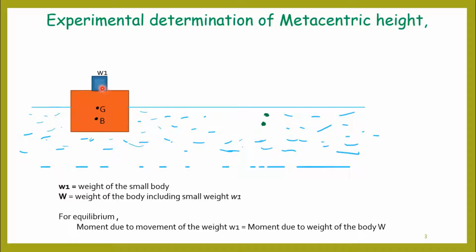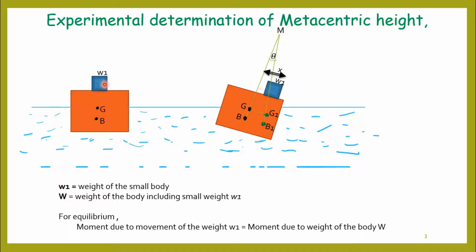Now we are going to tilt this setup. When I tilt the setup, the center of gravity will change from G to G1 and the center of buoyancy will change from B to B1. If I draw a straight line, it will make an angle theta.